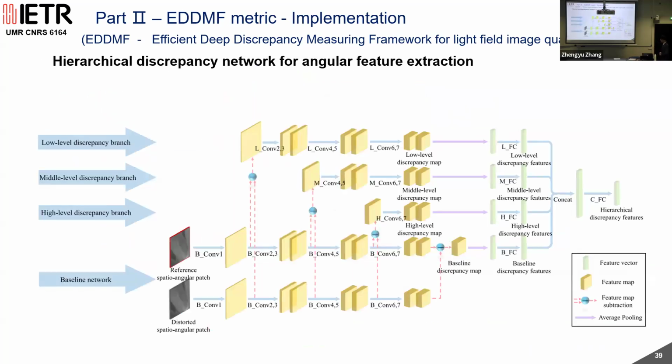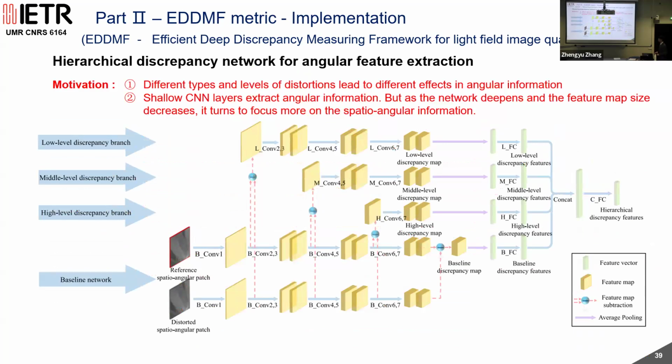The hierarchical discrepancy network is shown here. This hierarchical design is motivated by two observations. First, different types and different levels of distortions may lead to different effects in the angular information. And second, the shallow CNN layers extract the angular information, but actually, as the network deepens and the feature map size decreases, it tends to focus more on the spatial information.